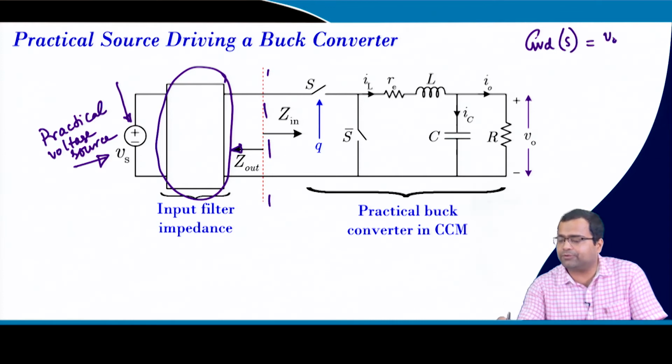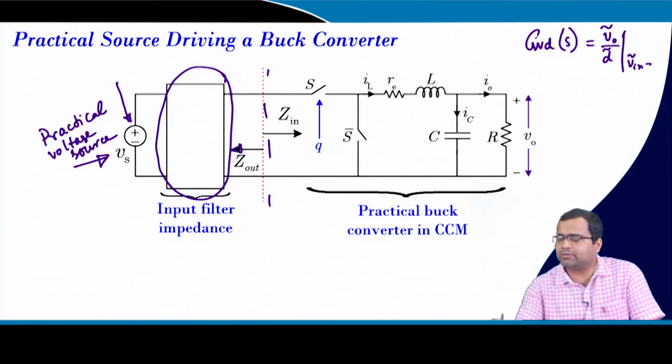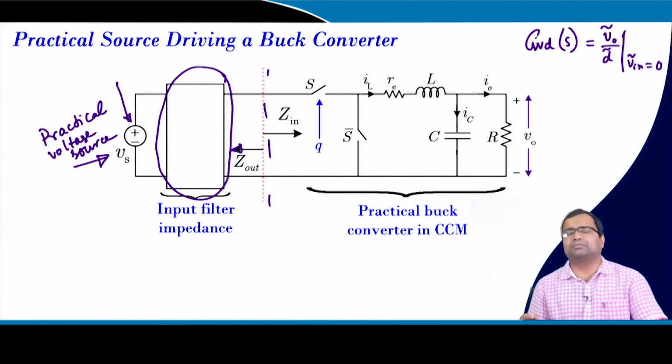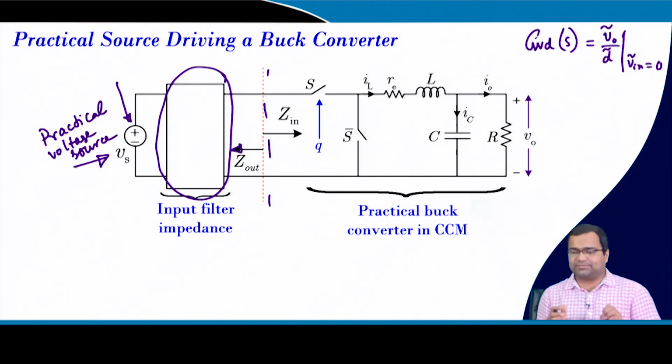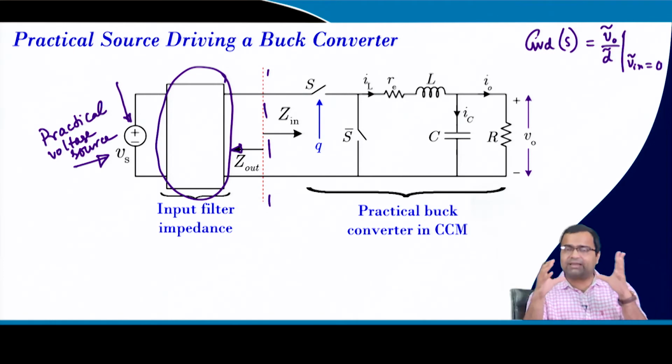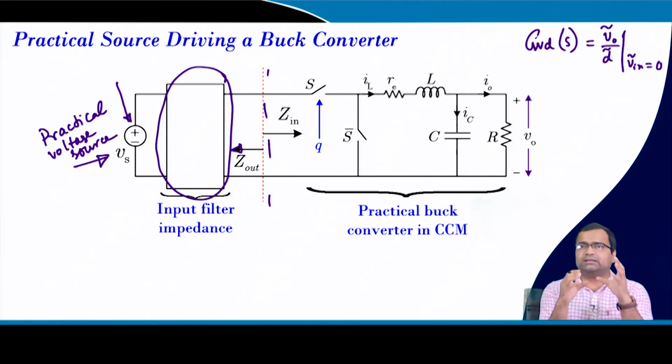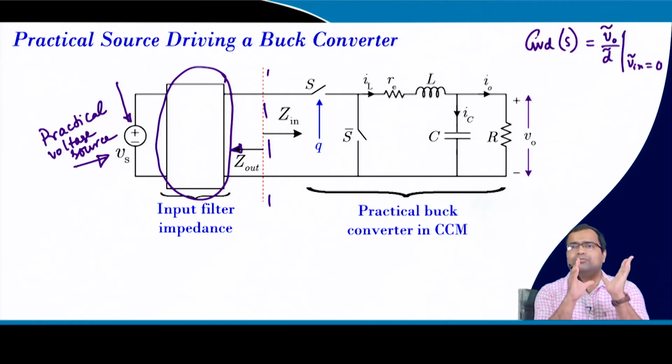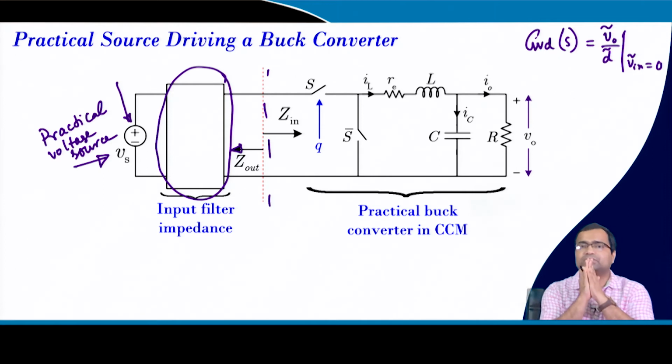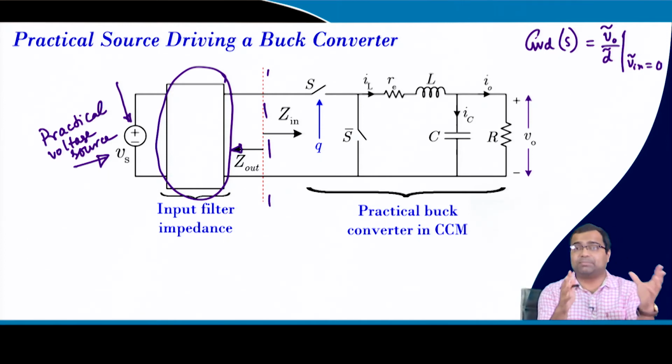We got V0 tilde by D tilde, and this we obtained from our equivalent circuit model. But now all these derivations were carried out considering there was no practical source. I mean, it was an ideal source, but in reality it is a practical source, and we need to put a filter.